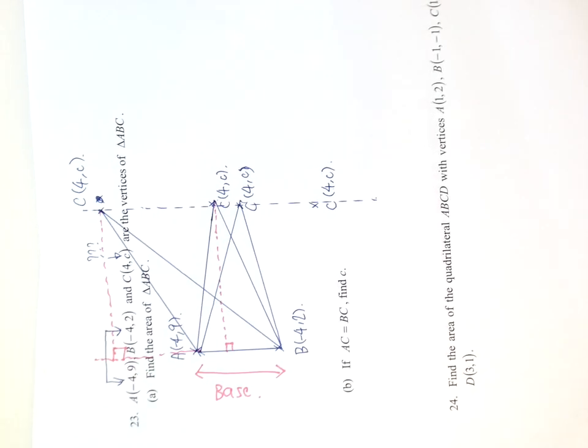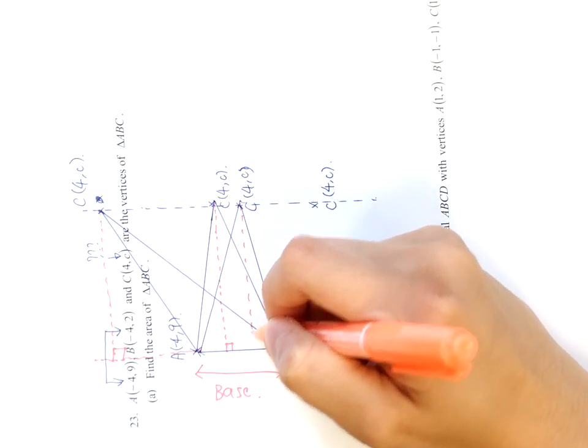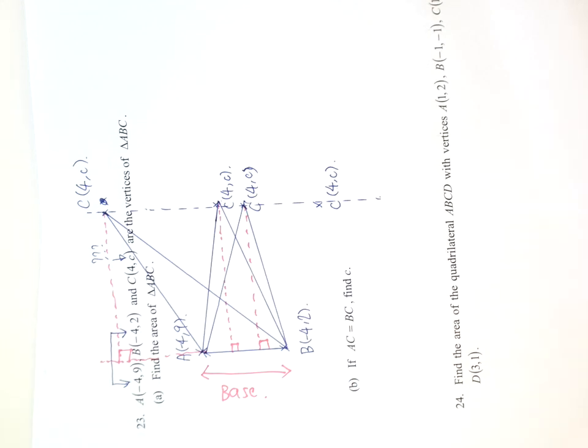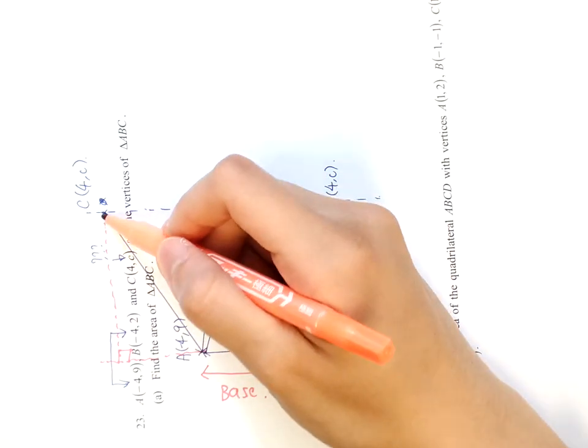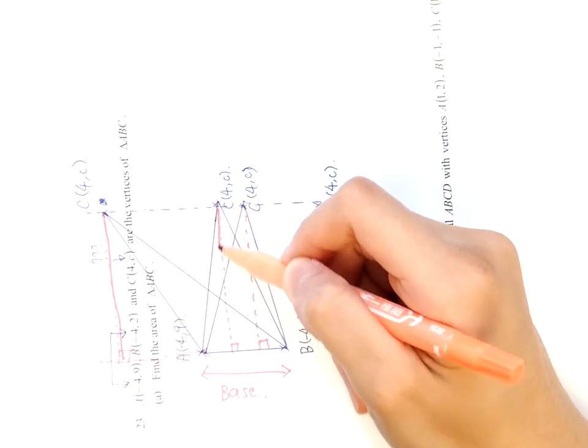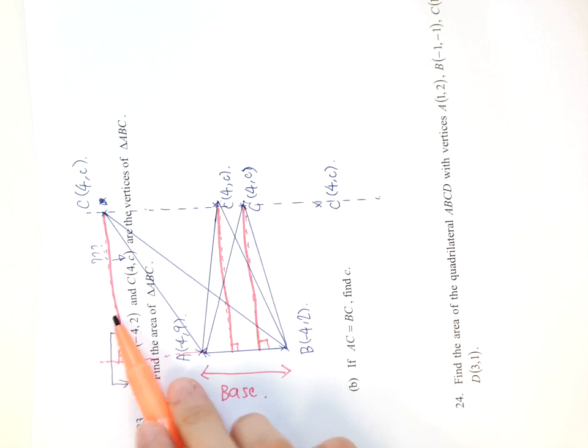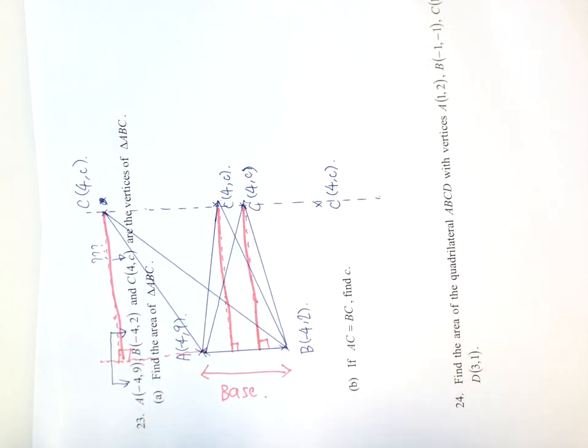You can see no matter which triangle, they have the same base, and this is the height. These are the heights of the triangles, which are also equal.